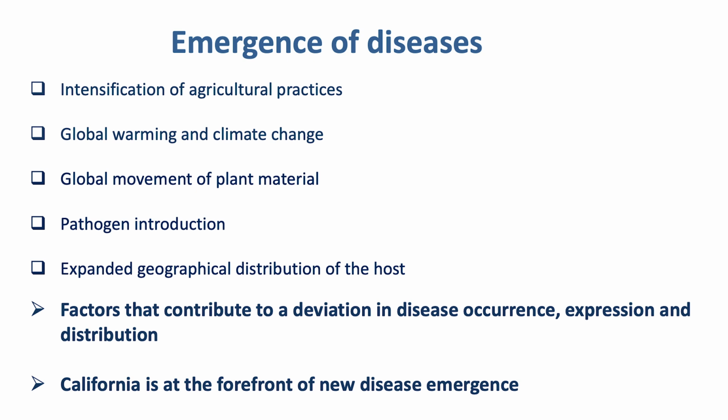It's not anything constant; a disease complex or situation can evolve and change with time. And California in the past years has suffered many climatic events where we can definitely think of California as being at the forefront of new disease emergence.